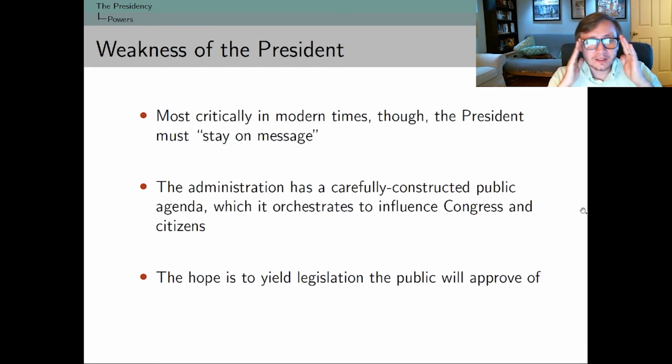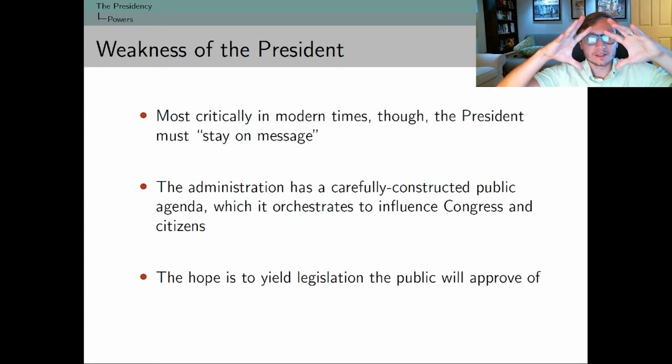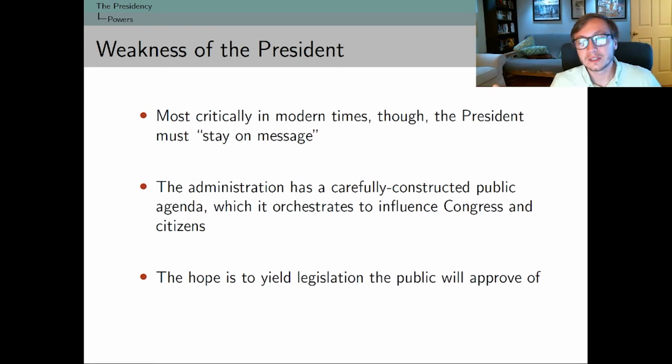And so I think the other thing to really think about is this idea that the president also needs to really stay on message. And this gets us into some discussions that go beyond what we've been talking about so far in the course, to something that's a little bit more in the wheelhouse of media and communication studies, or media and politics studies. This is the idea that the president is operating in this incredibly convoluted, incredibly saturated media environment.